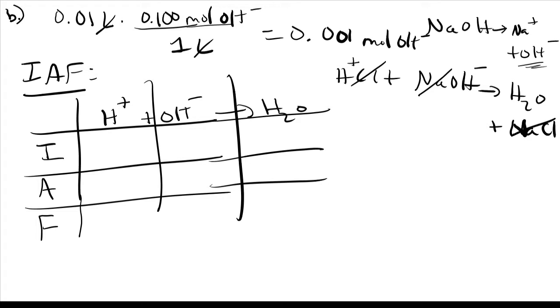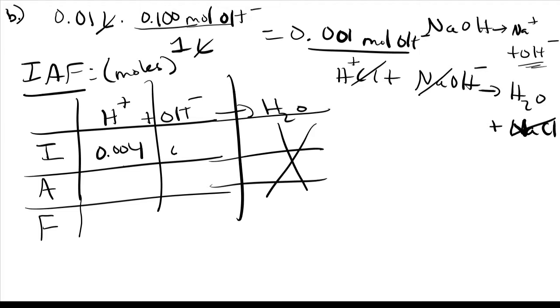With water, you don't have to worry about water whenever you do the ICF table. Water is trivial. With hydrogen ions, what did we start out with? Well, we started out with 0.004 moles. We calculated that earlier. You want to do these in moles. Hydroxide ion, we just calculated that. That's 0.001.